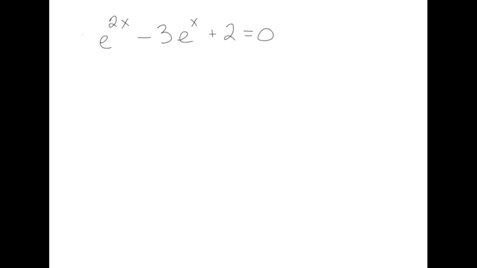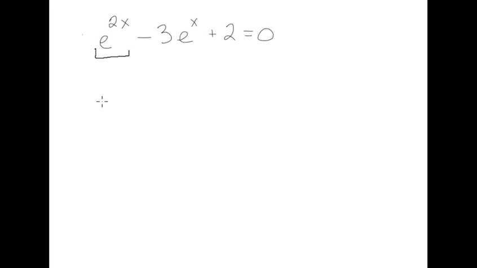Of course, in real life, you're more likely to see a more complicated function like we have here. In order to combine the x terms, we need to simplify this e to the 2x into something times e to the x. There are several different ways to do that.